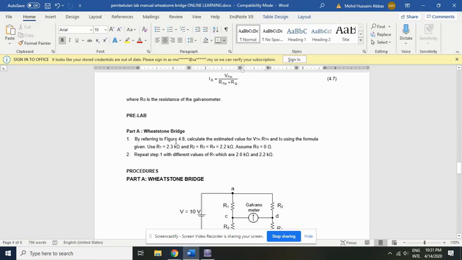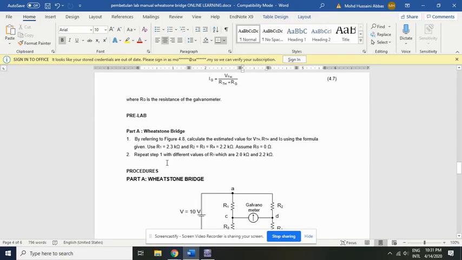by referring to figure 4.8, which means you're going to use R1 equal to 2.3 kilo ohm, R2 and R3 as well as R4 equal to 2.2 kilo ohm, by assuming Rg equal to 0 ohm.